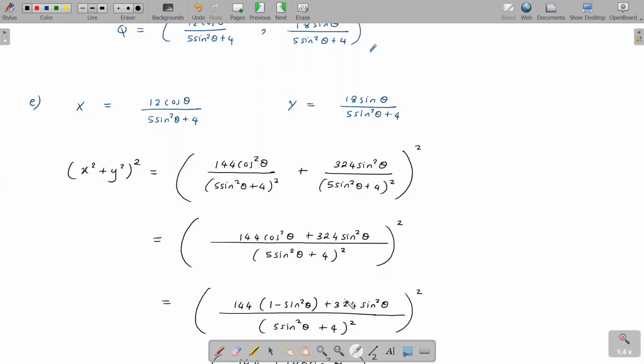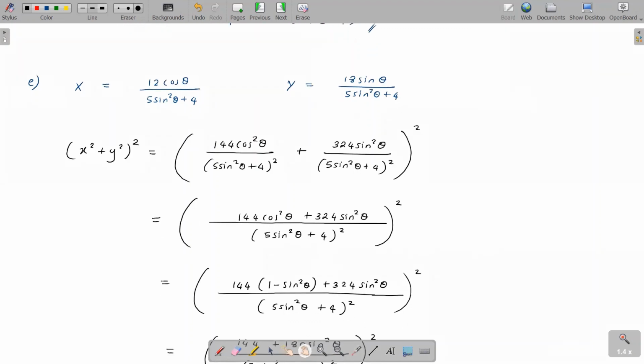And then you can see that I'm trying to simplify this in the easiest way. So what I did was I used cos square theta as 1 minus sin square theta, because I'm trying to simplify. Now you can see if you go to open this, there's a square in here and there's a square again outside the bracket. If you go to expand everything, it's going to be really large.